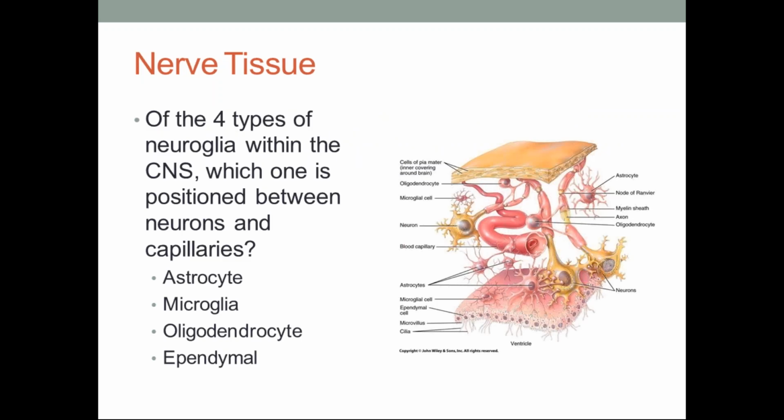Of the 4 types of neuroglia within the central nervous system, which one is positioned between neurons and capillaries?